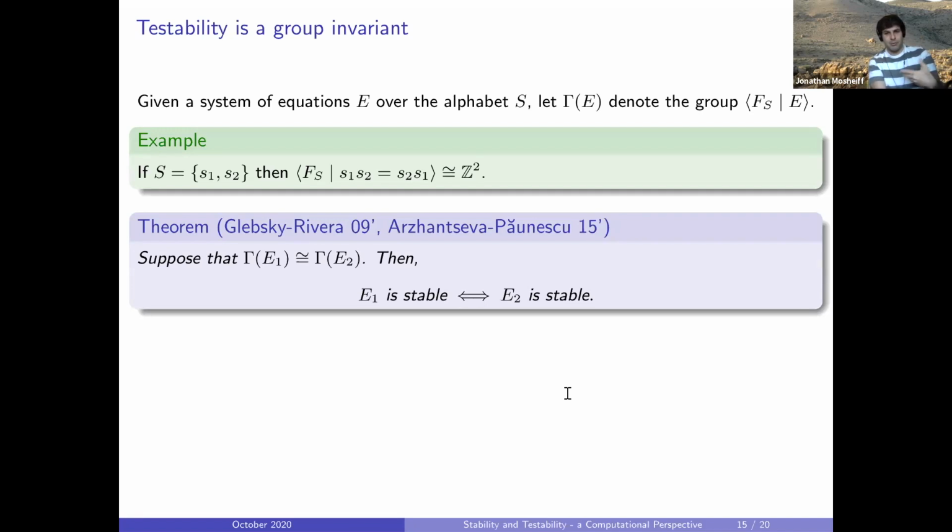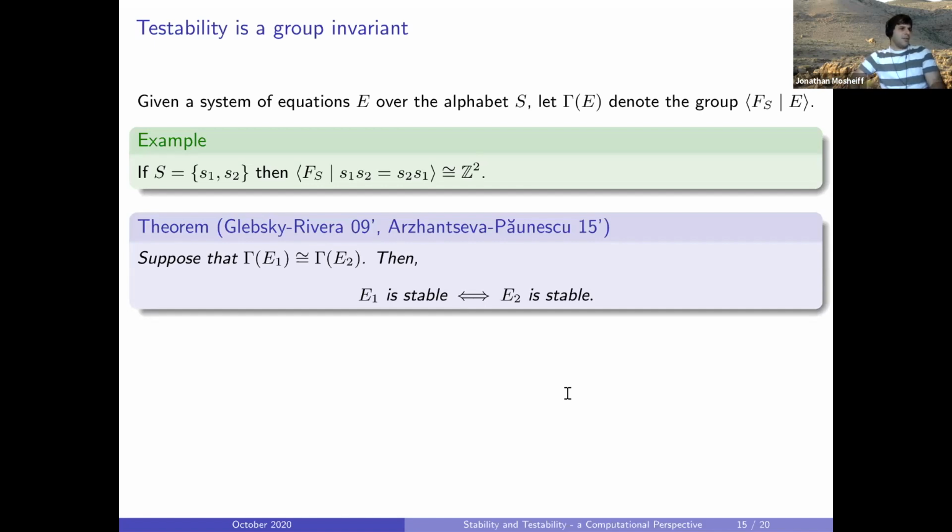So we take the free group F_S and we apply the constraints defined by E. For anyone who has never seen this, if you take the free group over two generators and you force these two generators to commute, then you get words where you only care about how many of each generator you have, in no particular order, and this is just isomorphic to Z squared.